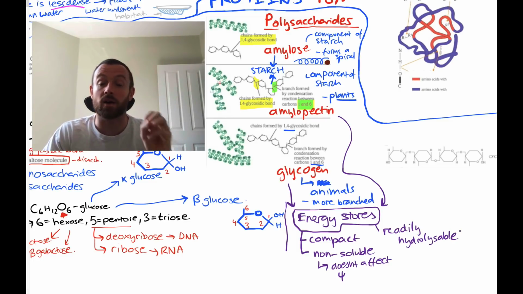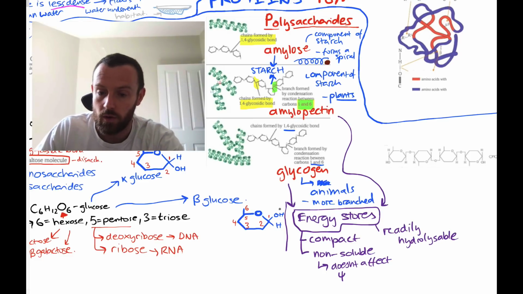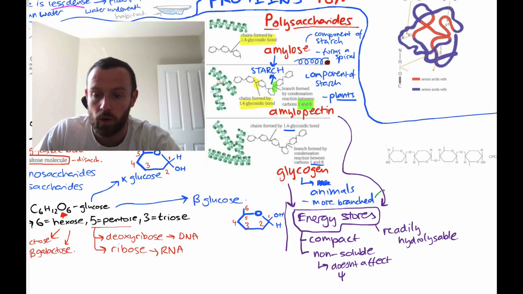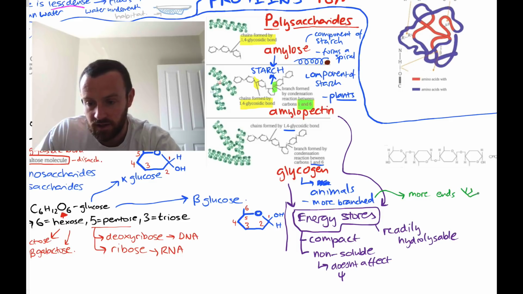And the main thing about glycogen is that it is more branched and it is more readily hydrolyzable. So maybe I'll do a little side note off of this. More branched means that it has more ends. A molecule of glycogen is kind of like this. It has a central core and then so many ends branching off like this.